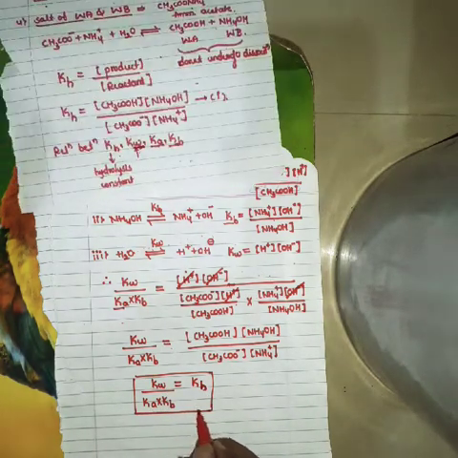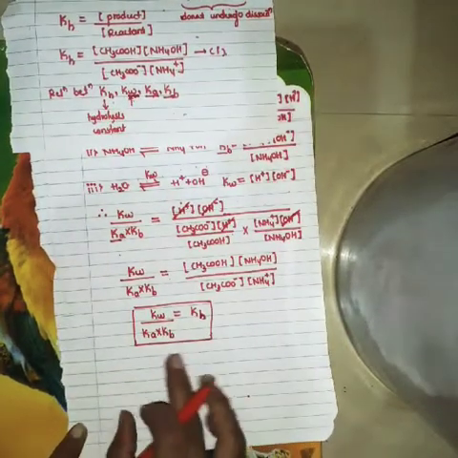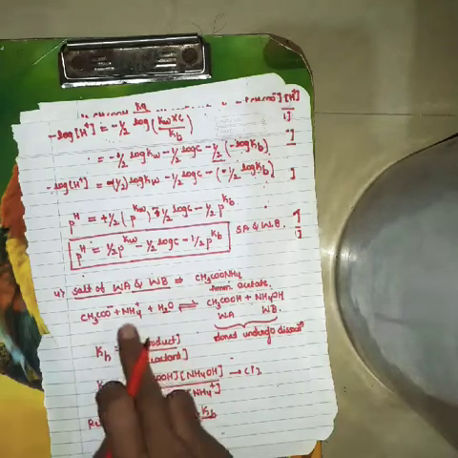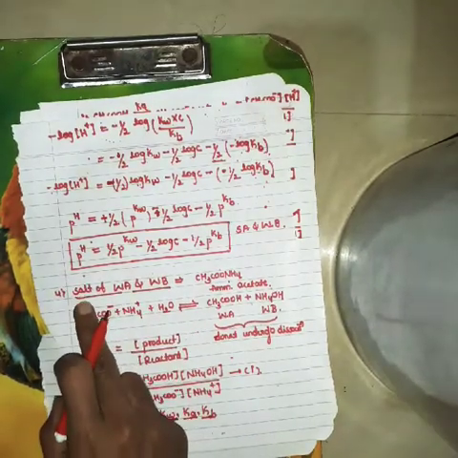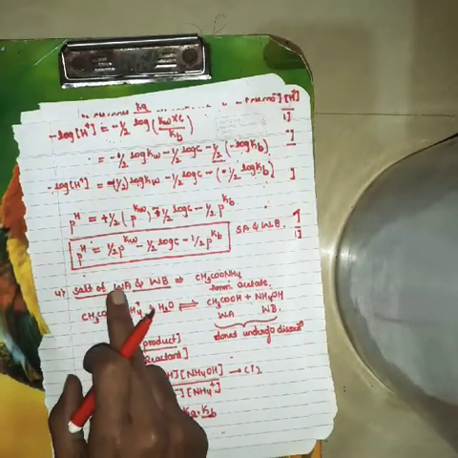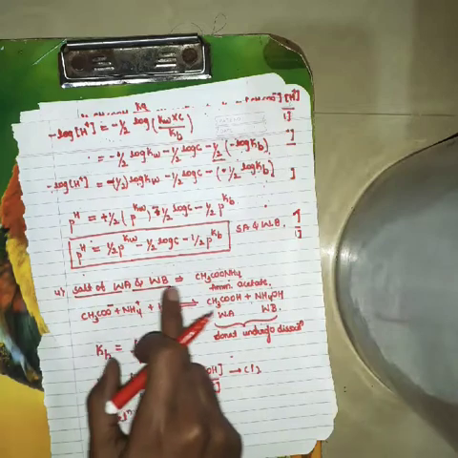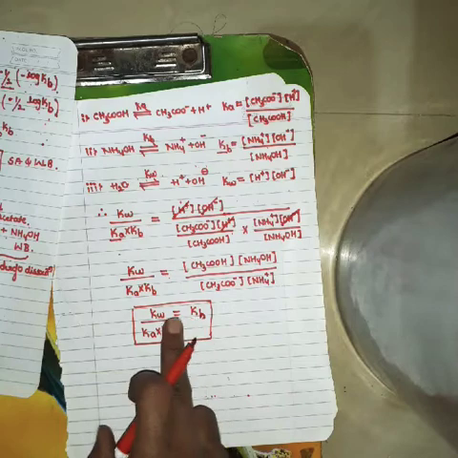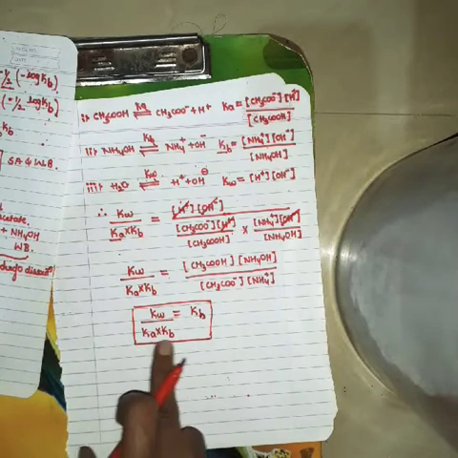I hope students you understood the concept of today's topic, the last salt, that is salts of weak acid and weak base. We have calculated the relationship between KH, Kw, Ka and Kb.